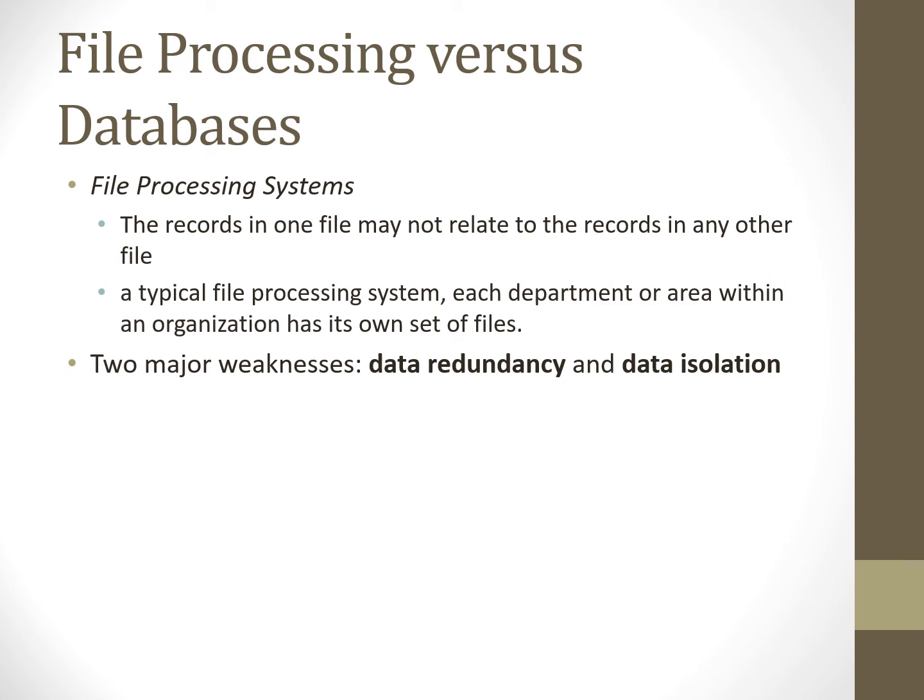In a typical file processing system back then, each department or area within an organization had its own set of files, and that is very, very difficult to manage. This leads to two major weaknesses in how the data are being managed. One of those is data redundancy, and the other one is data isolation.